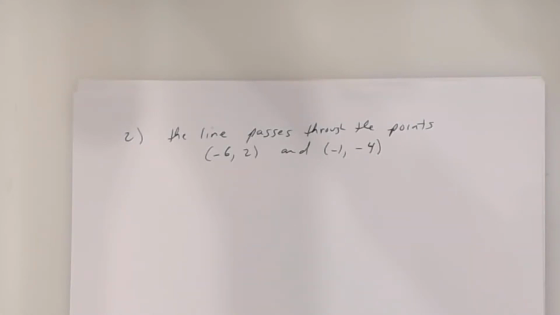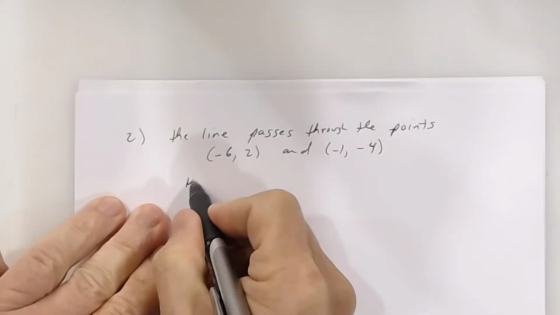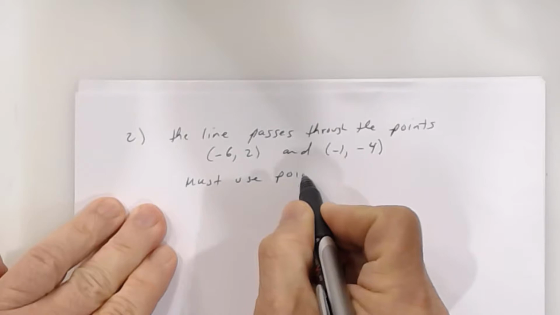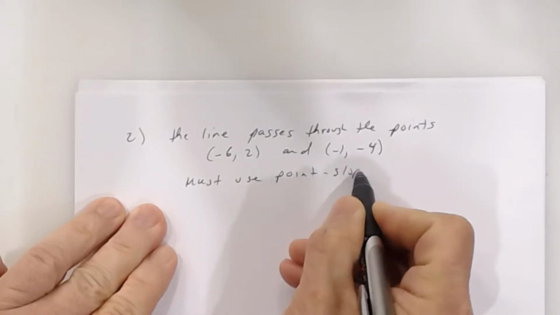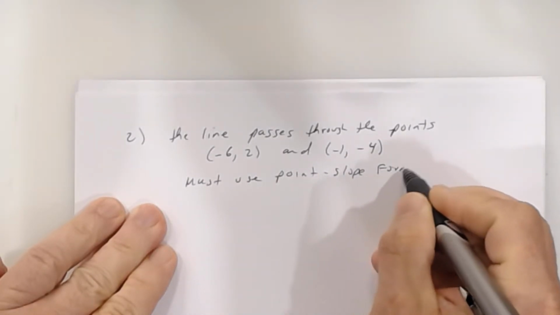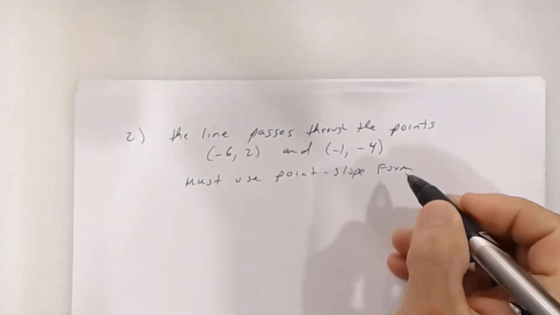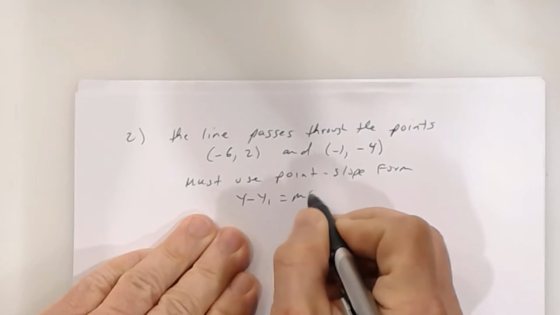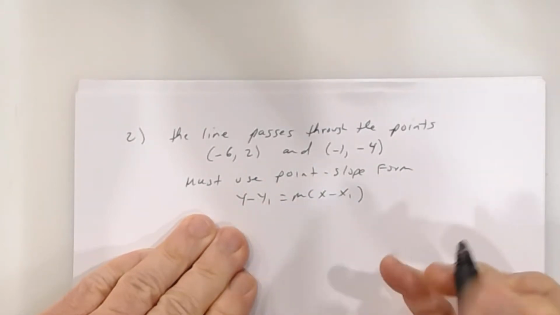So if I'm going to write the equation of this line, I've got to use what formula? Point slope formula. And so the formula is y minus y1 equals the slope times x minus x1.